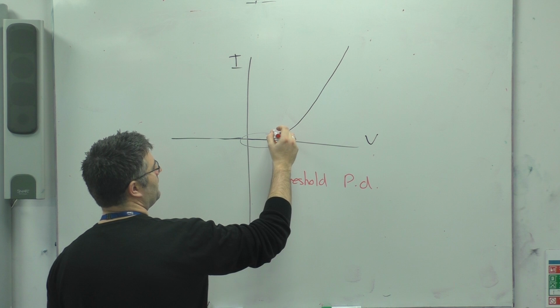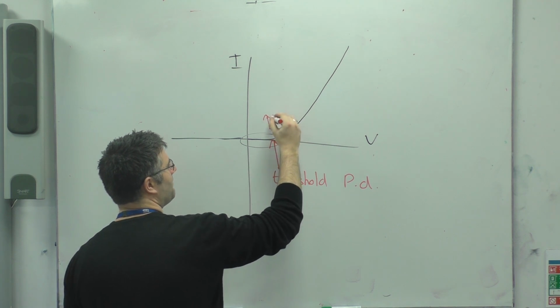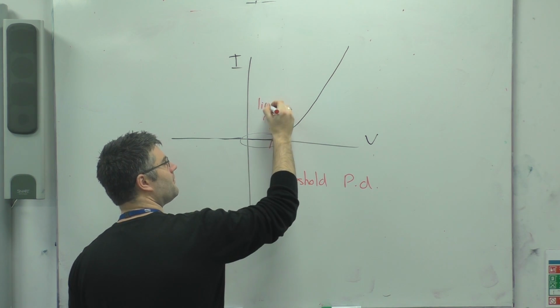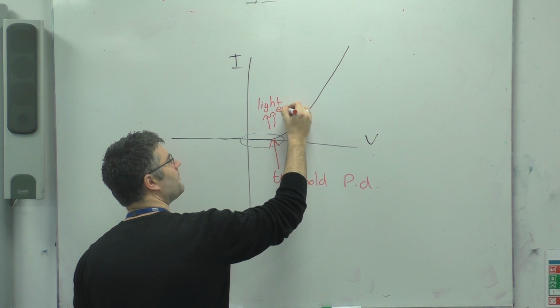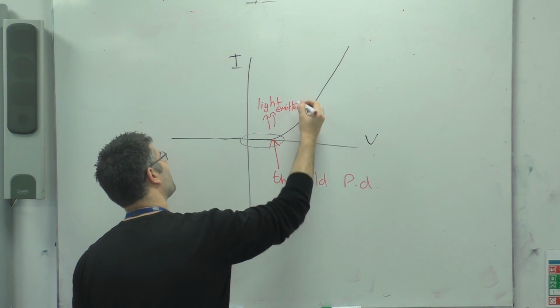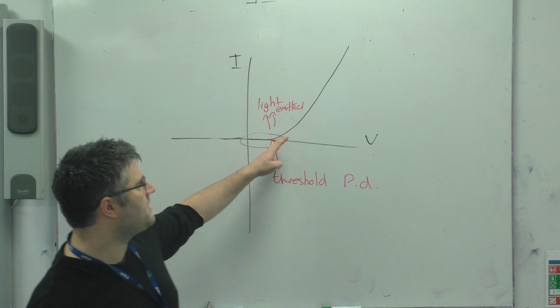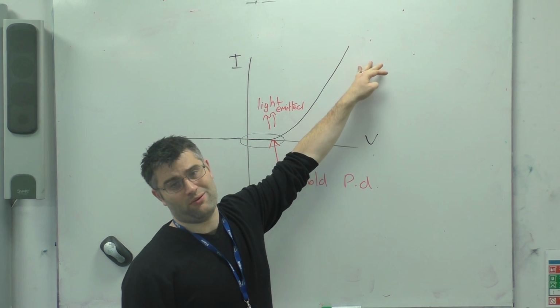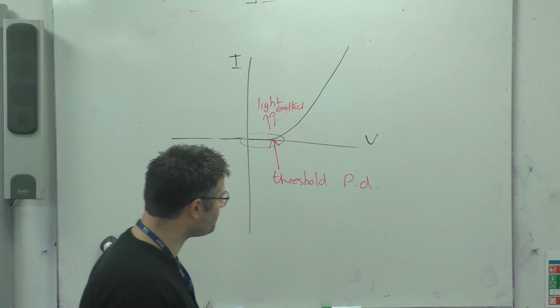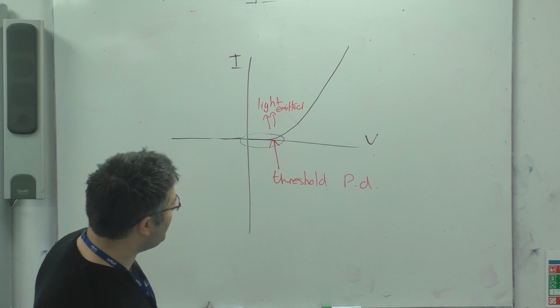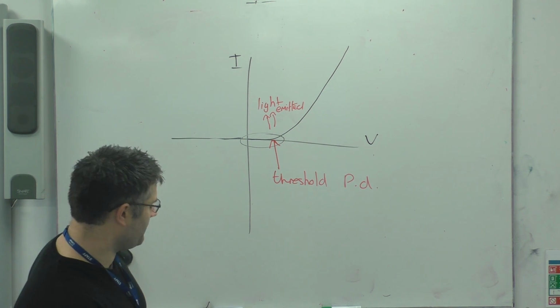That's the point at which light starts being emitted, and essentially the diode is allowing the current to flow. Now, that is a really important feature.